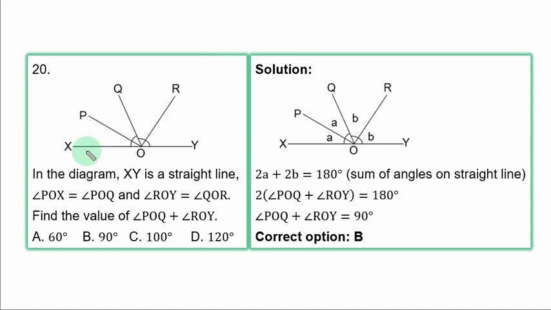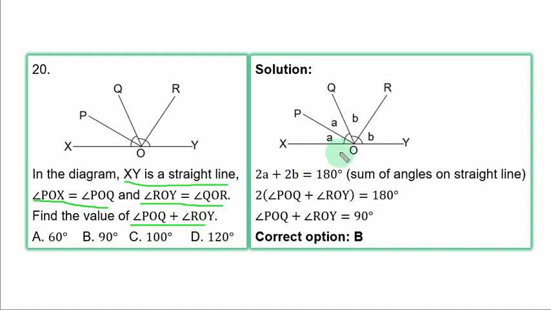Question 20. In the diagram, SY is a straight line. Angle POS is equal to angle POQ, and angle ROY is equal to angle QOR. Find the value of angle POQ plus angle ROY.